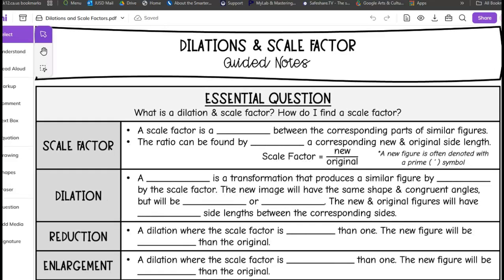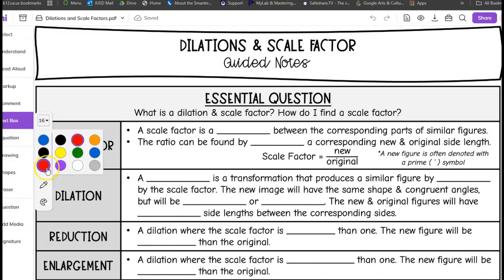So dilations and scale factors, guided notes. We're going to figure out what a dilation and scale factor is and how to find a scale factor. Okay, so please pause the video until everyone has this open. Walk around and make sure they all have it open on their computer. And then when you're ready, hit play.